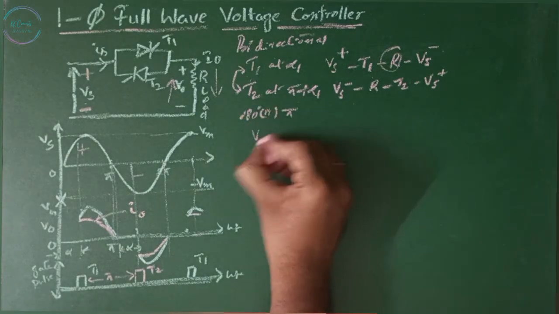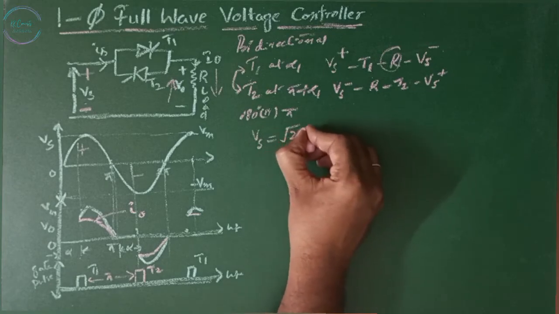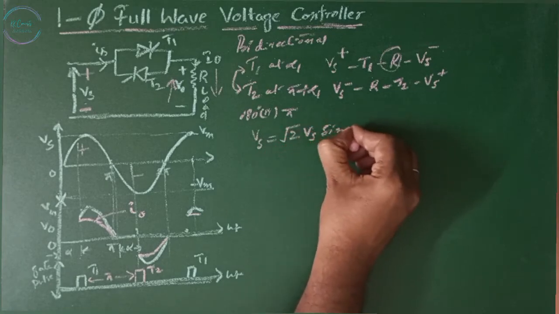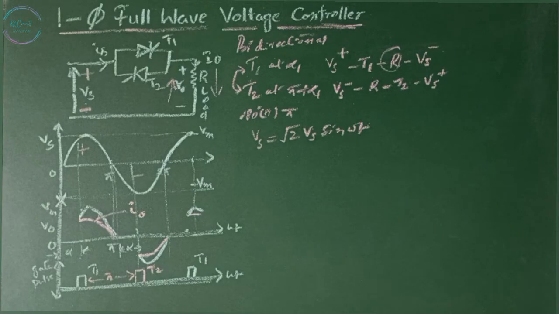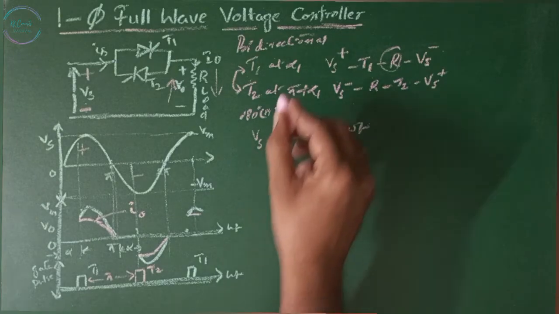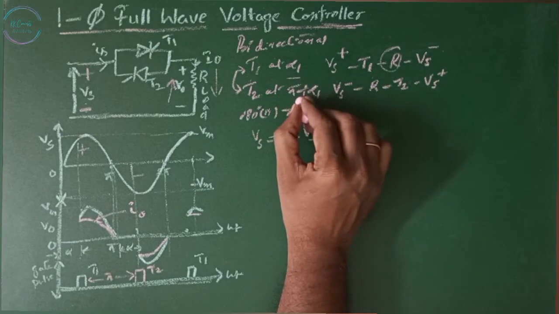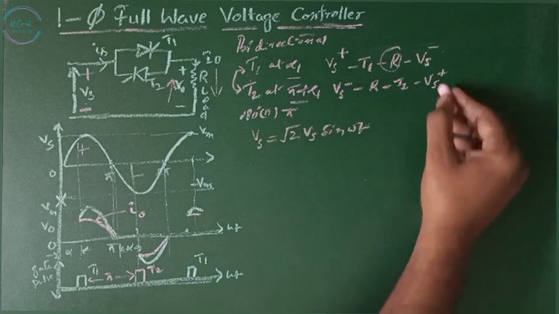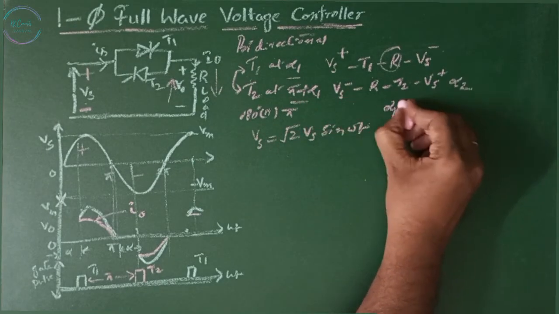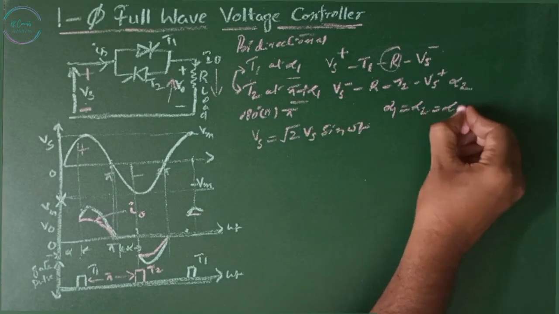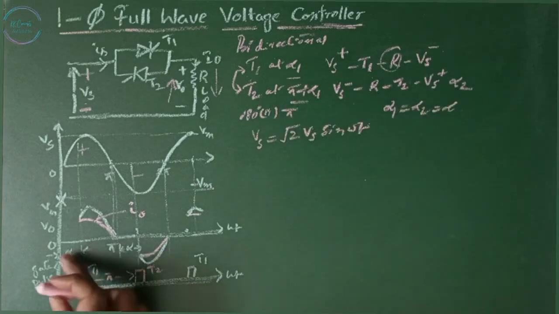If Vs is the input given by root 2 Vs sine omega t, the firing angles of the thyristors T1 and T2 are, for T1 it is alpha 1, for T2 it is alpha 2, which is nothing but pi plus alpha 1. Alpha 1 equals alpha 2 equals just alpha, since the angles are equal.